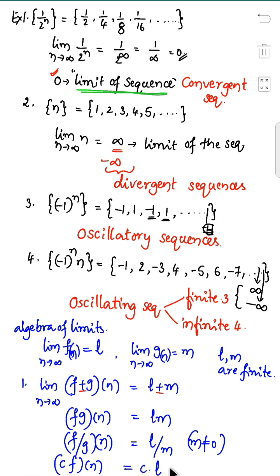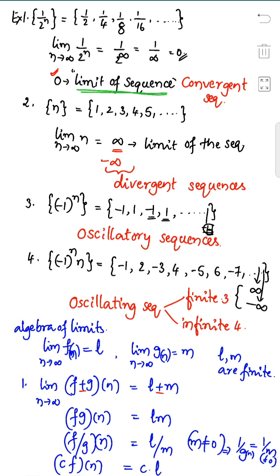And the limit of 1 by g(n) goes to 1 by m, if m is not equal to 0.